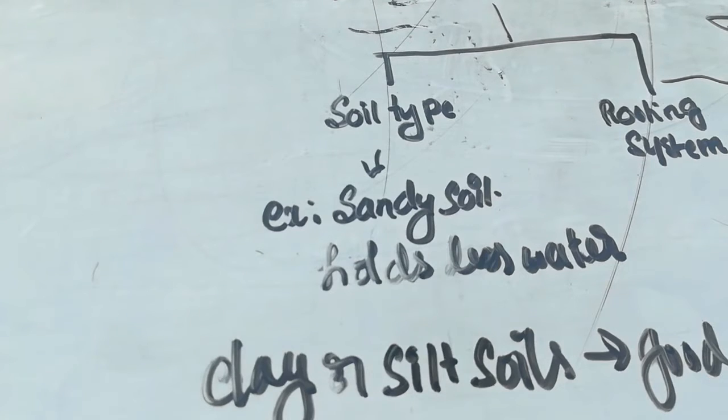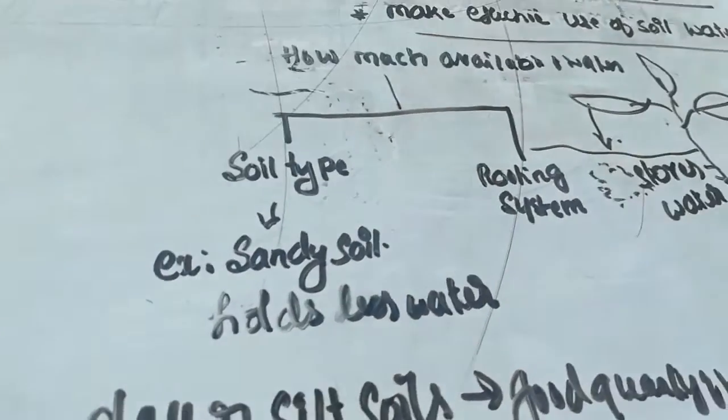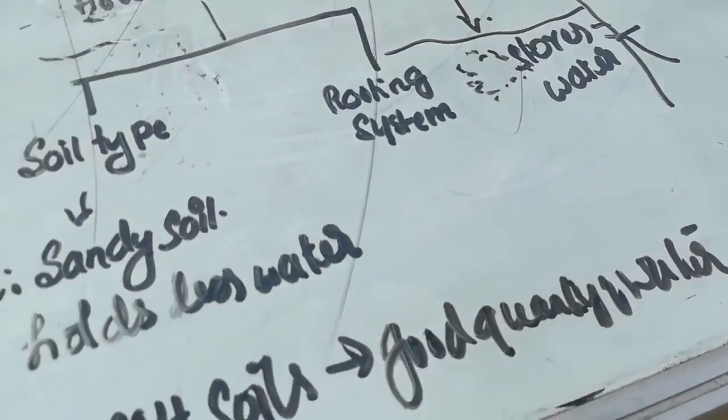So if the soil type is sandy, it holds less water, and if it is clay or silt soil, it stores a good quantity of water.